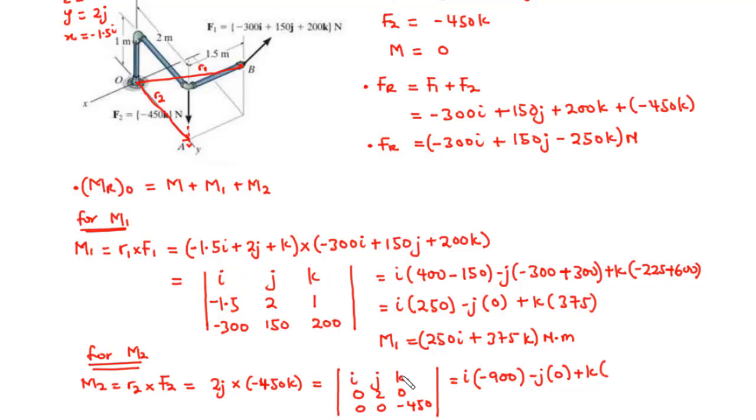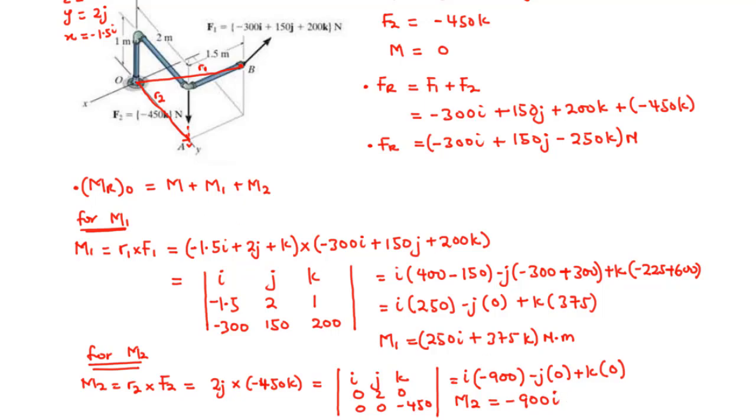We cancel out row and column, 0 times 0 is 0, 0 times 2 is also 0, so we are left only with negative 900i. Therefore we say that M2 is equal to negative 900i.